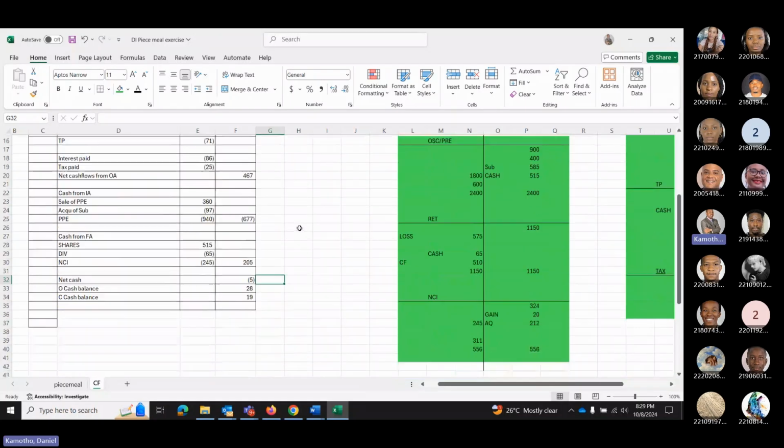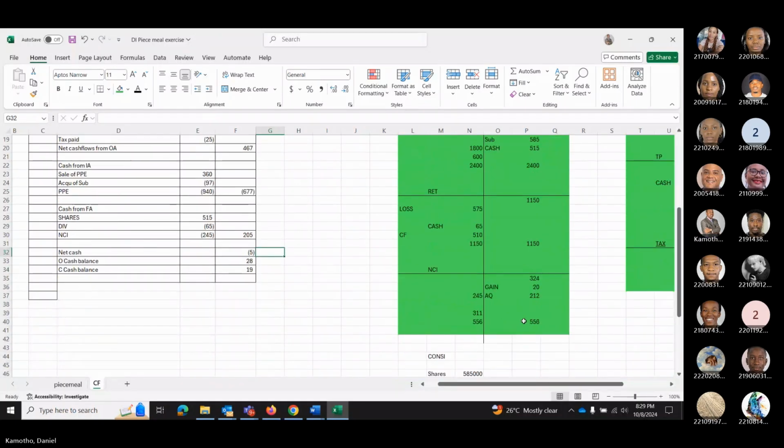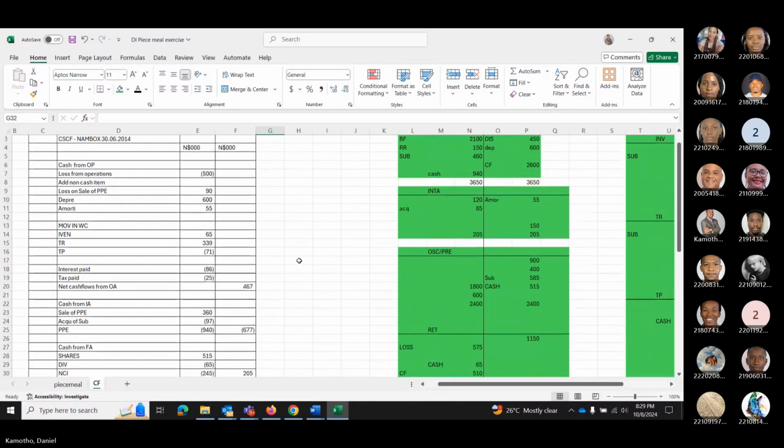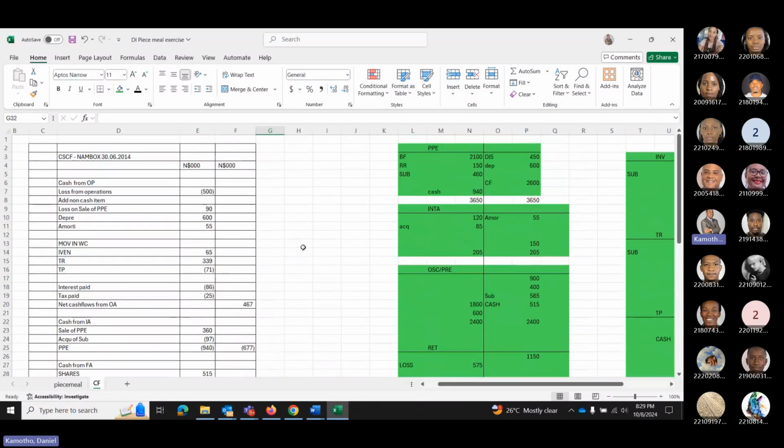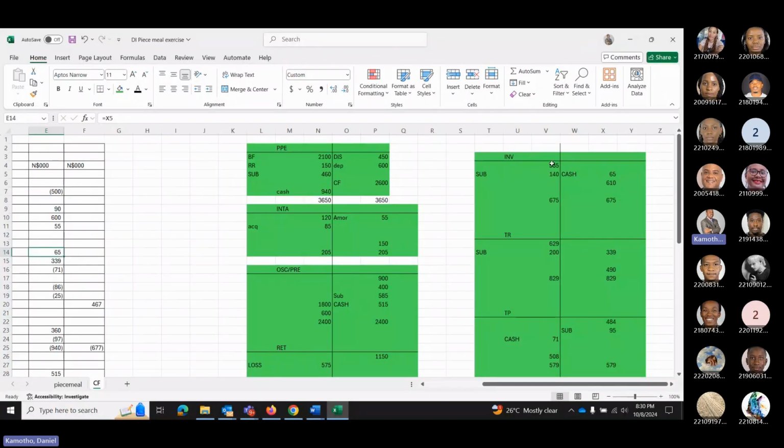Where do you think the 4 is? Okay, you must help me find out. The loss is fine. Sale of equipment, so that was a loss. This was depreciation, that was amortization. We add them. Inventory is 65. If we remember, yeah, it is 65 because there was this and the balance, this and the balance.